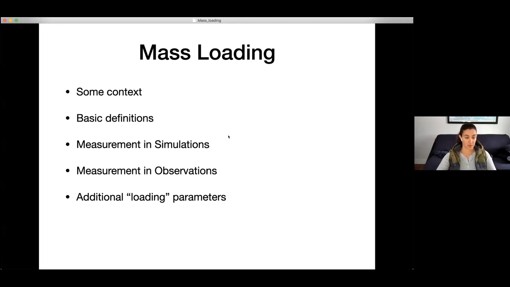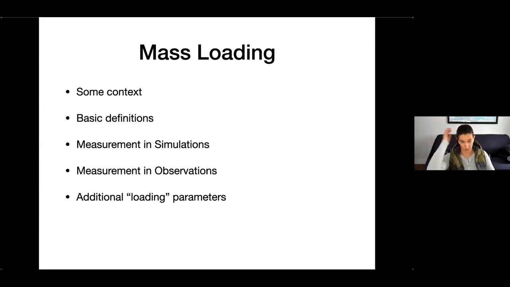Then I'll spend a little bit of time talking about how we measure mass loading with an emphasis on simulations, since that's what I'm most familiar with. I'll talk a little bit about measurement and observations, but I'm sure we're going to hear a lot more about that from Tim tomorrow, so I won't spend too much time there. And then I'll end, if we have time, with a little bit on additional loading parameters that I think can also be very helpful in trying to understand this sort of broad topic.